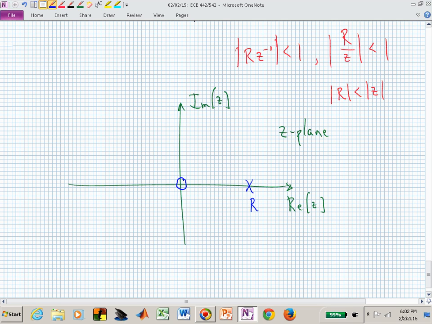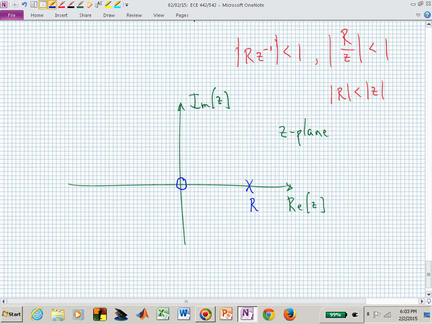What values of z, if we plug them into that formula, would allow that z transform infinite sum to exist or be valid? We need all values of z to have a magnitude bigger than r. So we use that r as a radius.